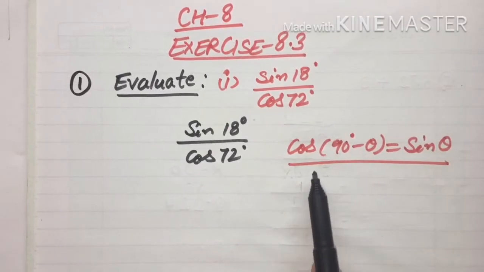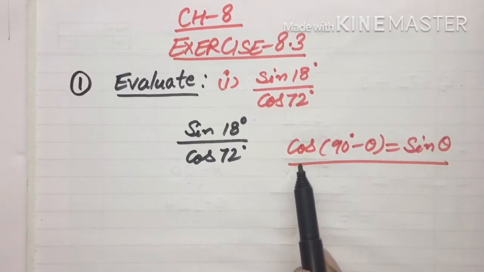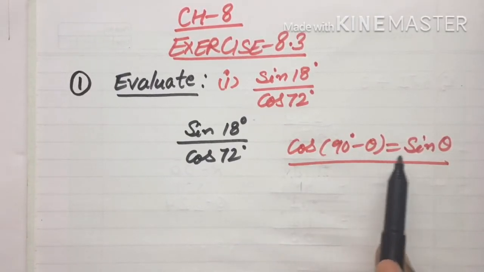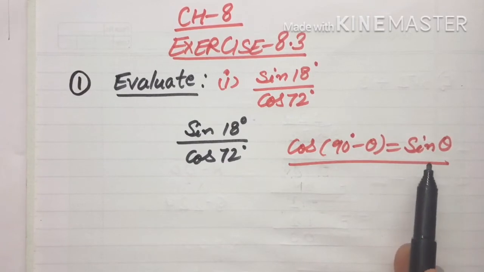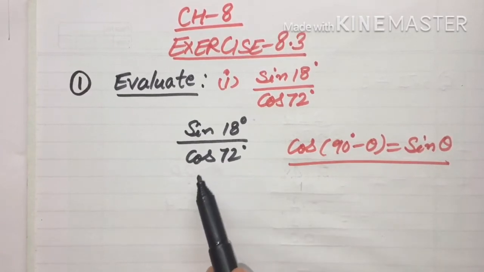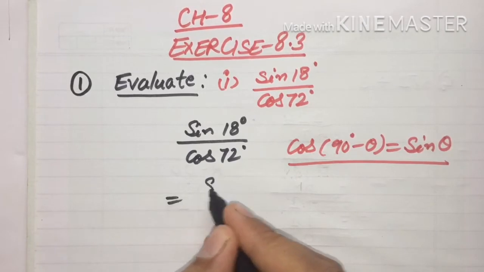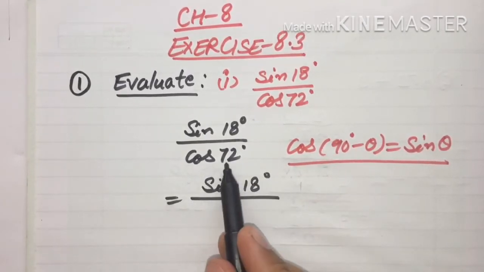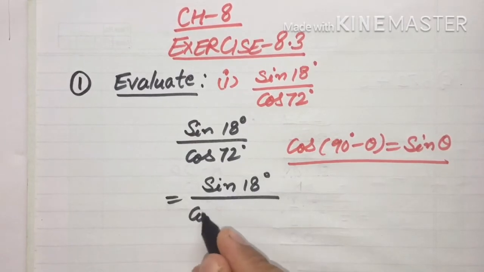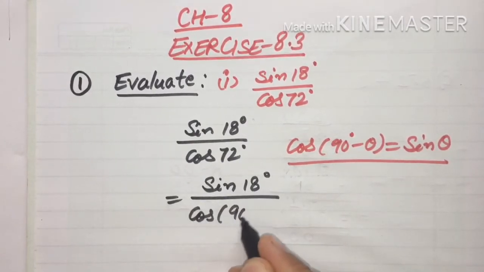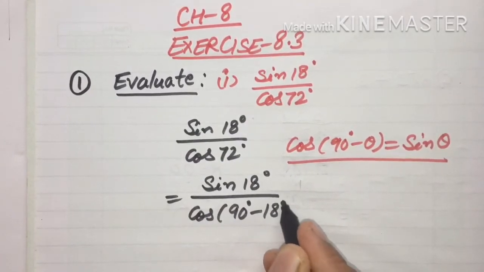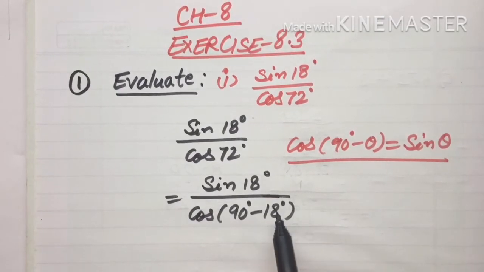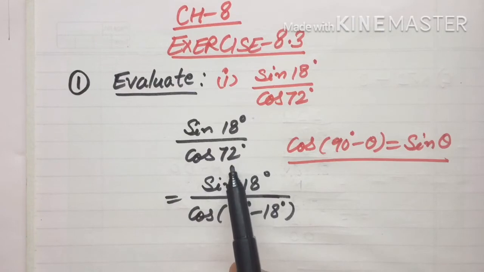As we know the identity of complementary angles, cos(90 degree minus theta) is equal to sin theta. So this property we will use in this question. We can write sin 18 degree upon cos 72, and we will change cos 72 to cos(90 degree minus 18 degree), because when we subtract 18 from 90 degrees, 72 comes.